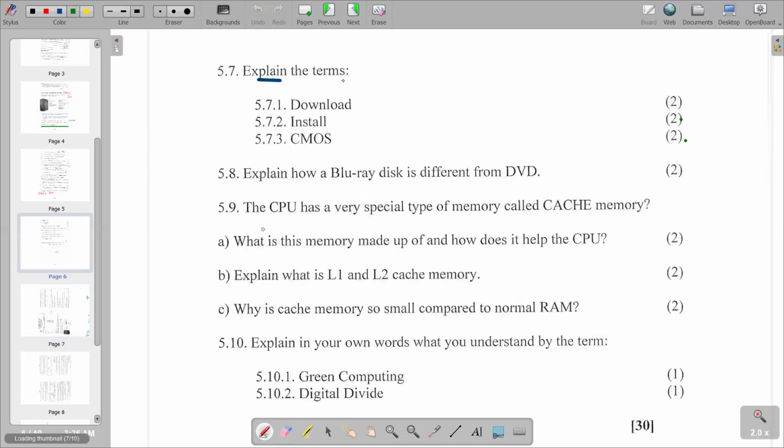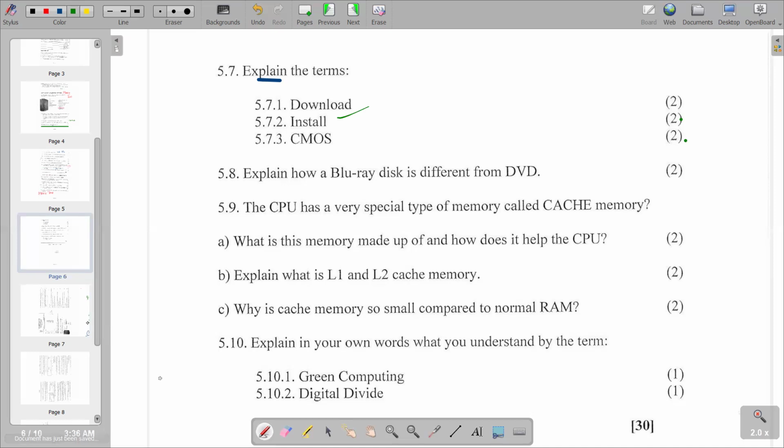You'll see that the next one is to install. Install basically is to be able to unpack the downloaded file and make it executable on the computer. So basically, after downloading, you are also supposed to install. That is basically to unpack the downloaded file.